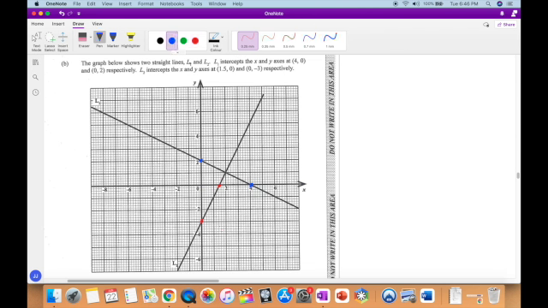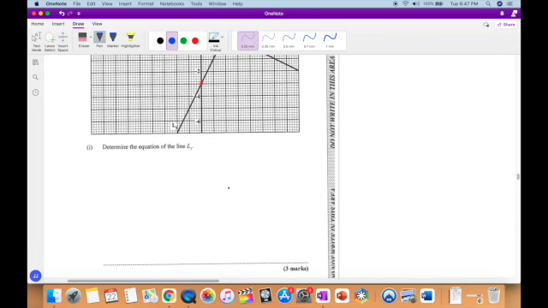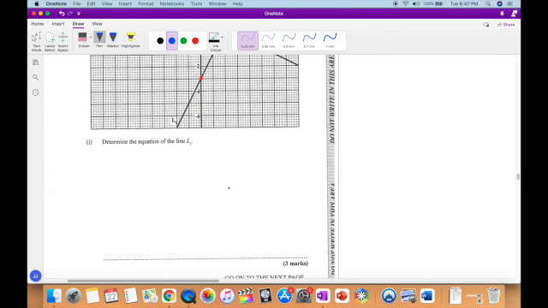So that is great that they gave us this, because remember, they've basically given us 2 points that are on each line. And with 2 points, I could find the equation of the line. I could find the gradient of the line. I could find all sorts of things. Determine the equation of L1. Well, you know the equation of L1. Let's write down the points.